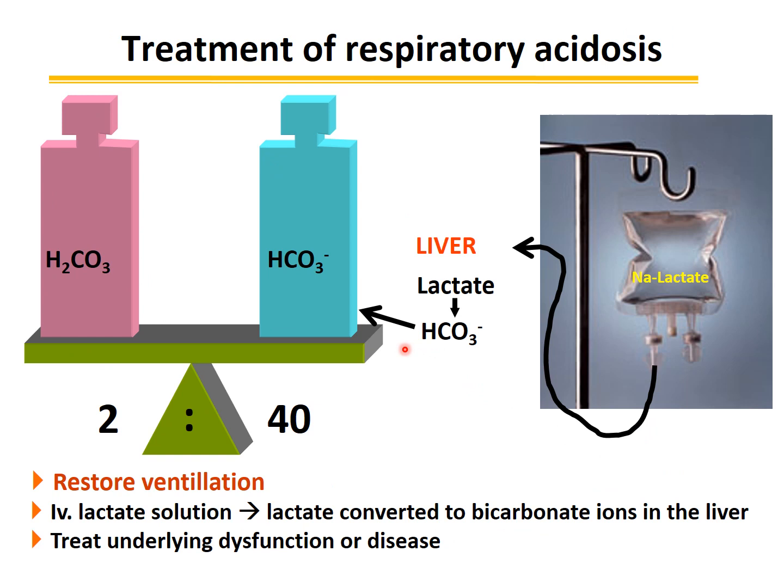Now, if we want to restore the normal situation completely, what can we do? We can give lactate. Because the lactate is metabolized by the liver, it produces bicarbonate. This is going to compensate or give back the normal ratio of the carbonic acid and the bicarbonate.